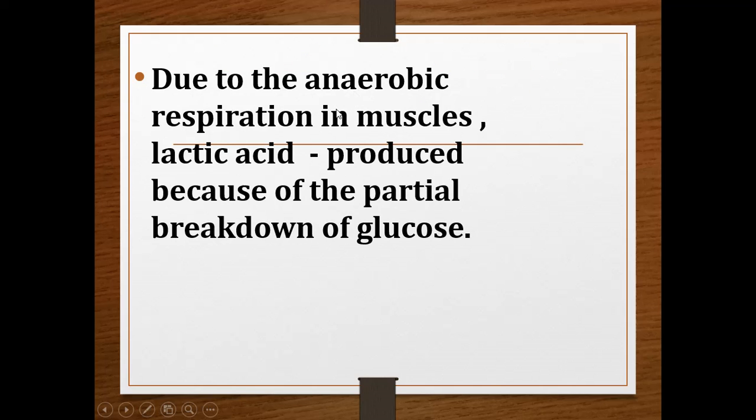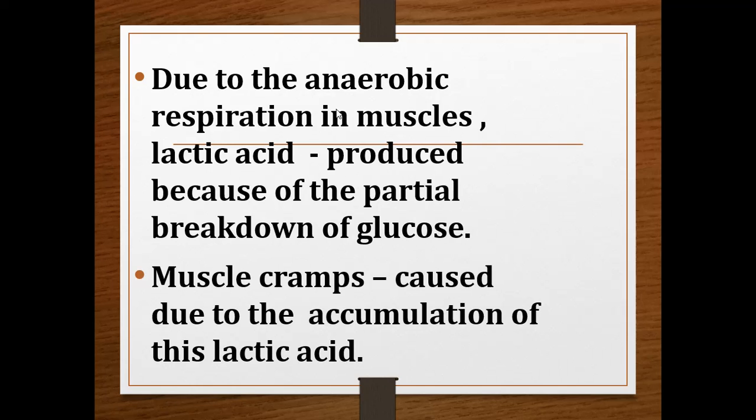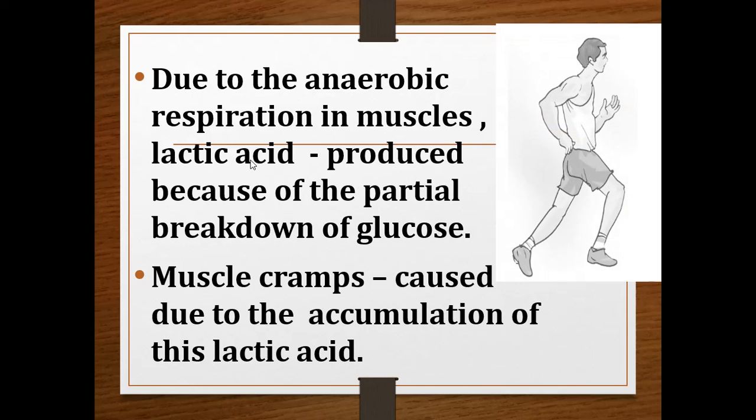Due to the anaerobic respiration in muscles, what will happen? Lactic acid will be produced because of the partial breakdown of glucose. You know, anaerobic respiration takes place in the absence of oxygen. Yes. So when we are doing exercise or when we are running, our muscles will be working.